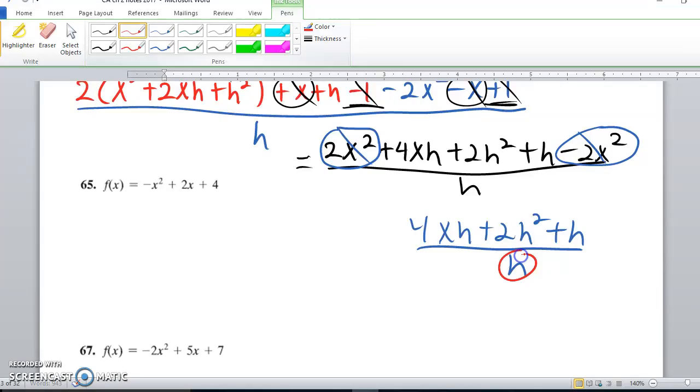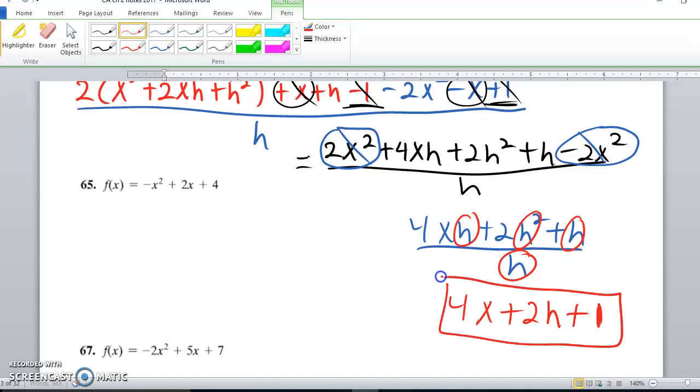So right here, this h is going to divide into each one of these terms, and so it reduces down to 4x plus 2h, and then this is the one that you don't want to forget, that turns into a plus 1. A lot of people are like, oh, it cancels out and it's gone. Well, it actually reduces to a 1. So there we are.